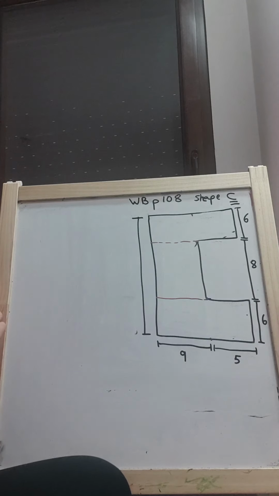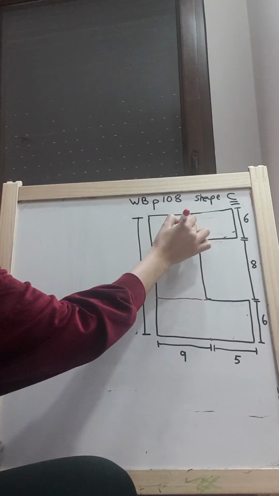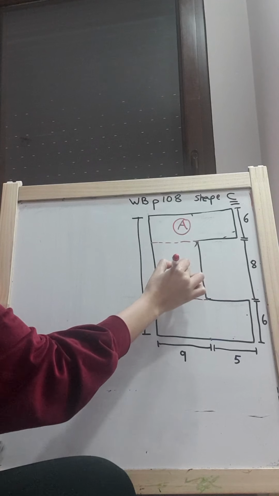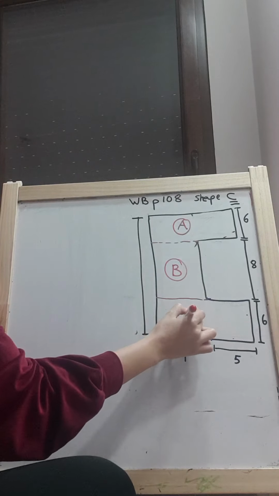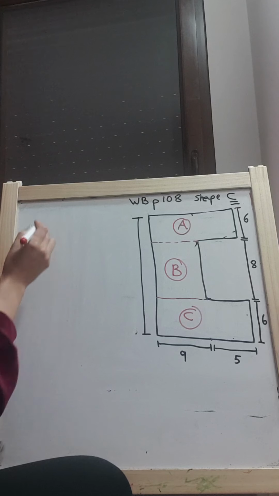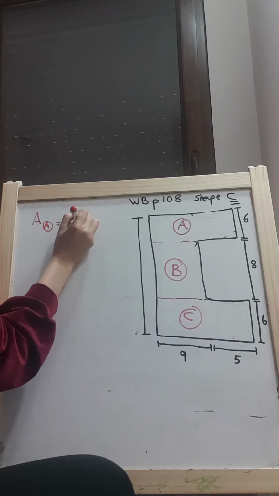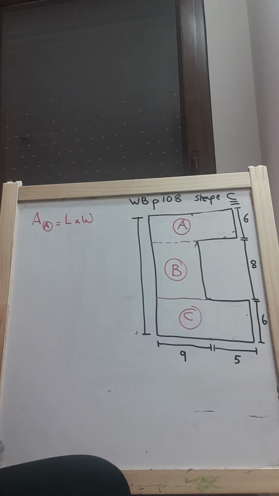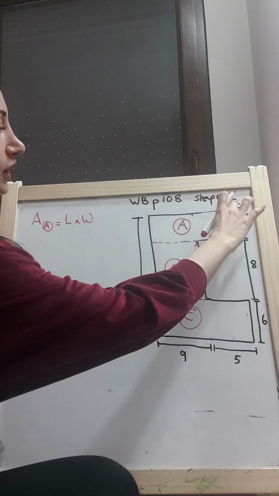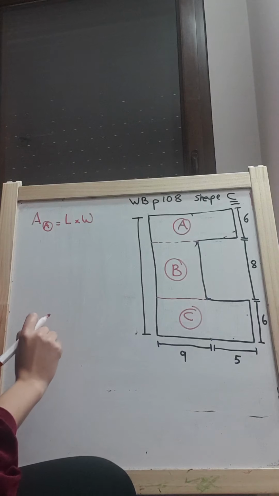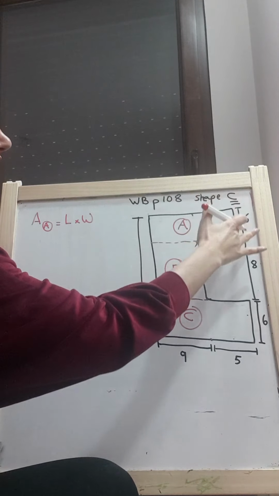Again, 3 rectangles, A, B, and C. A is a rectangle, so area A is length times width. I only look at rectangle A. What is the length and what is the width?